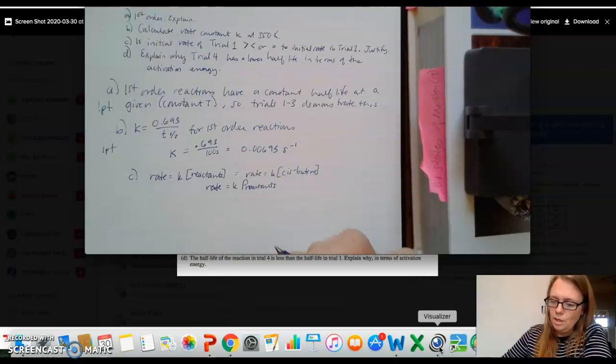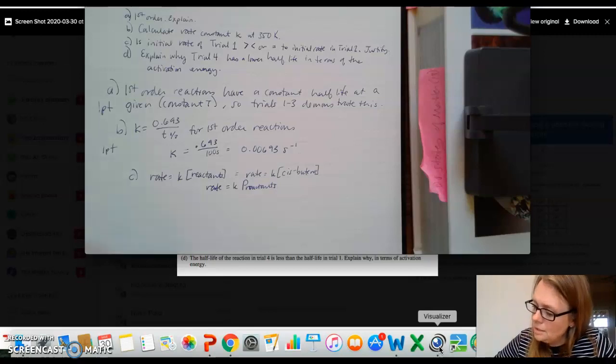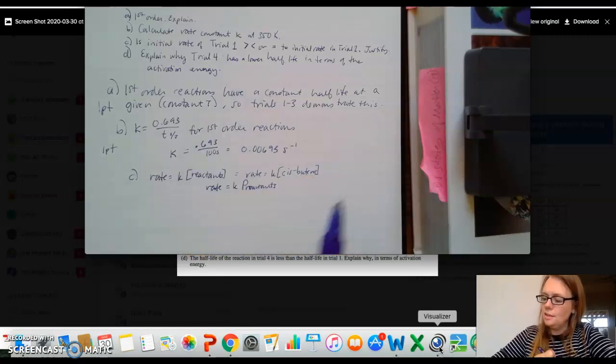So comparing trial 1 and trial 2, it asks, is the initial rate of trial 1 greater than, less than, or equal to trial 2?